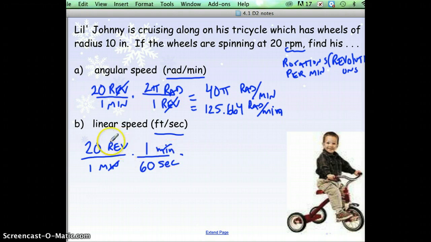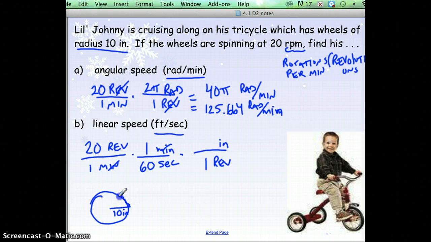Okay, now we have to convert revolutions into feet. Well, if revolutions were on top, revolutions have to go on the bottom. And we want to figure out how many feet there are in one revolution. But back up and look at our radius. Our radius is in inches. So maybe we should start by figuring out how many inches are in one revolution. How many inches are there in one revolution with a radius of 10 inches?